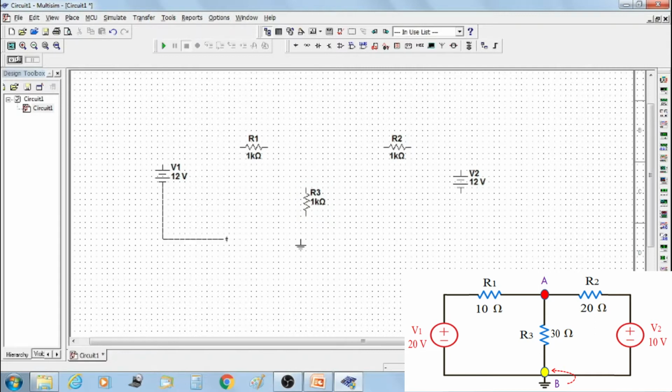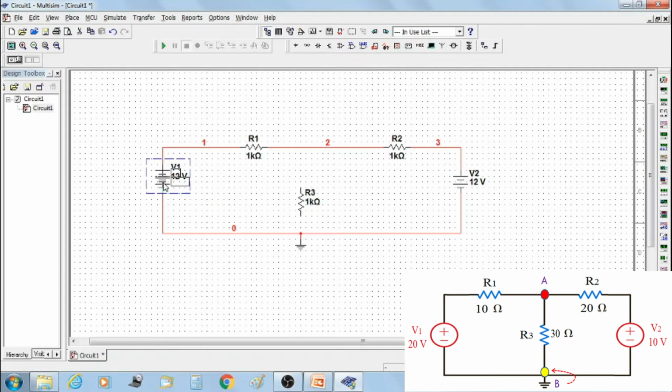Then make the connections. Connect the negative terminal of V1 voltage source to the ground, and the positive terminal to resistor R1. Connect resistor R1 and R2. Connect the second terminal of resistor R2 to the positive terminal of voltage V2, and the negative terminal of the supply voltage to the ground.